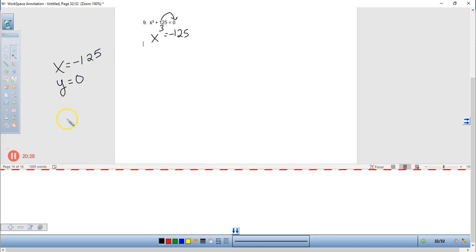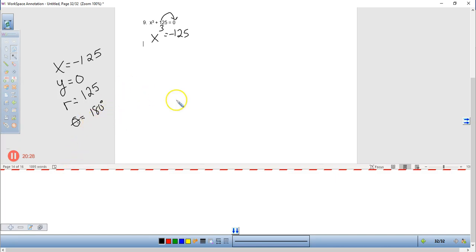Y is equal to 0. R is equal to 125. Theta is equal to, sorry about that, I told you the wrong one. We have a negative x and no y, so theta is 180.